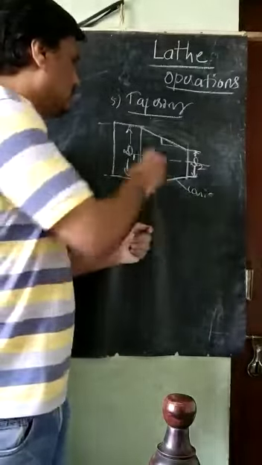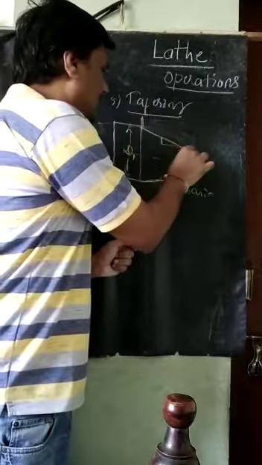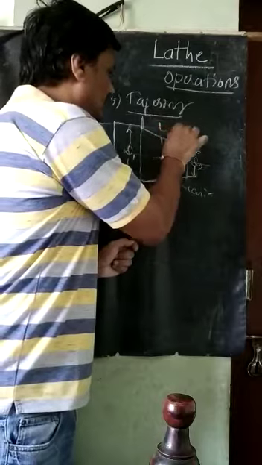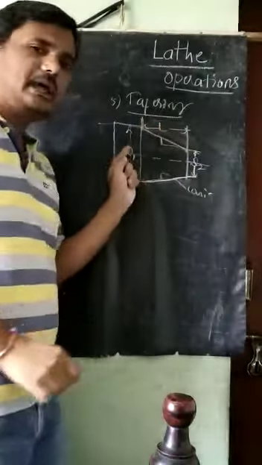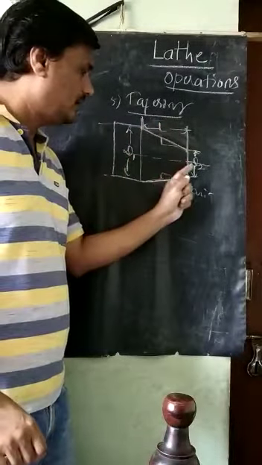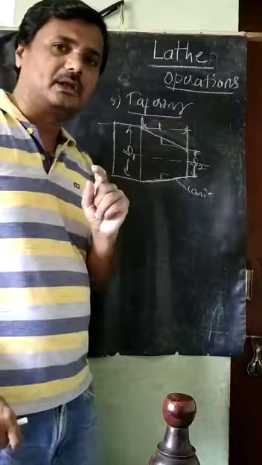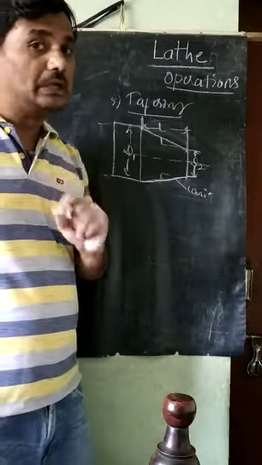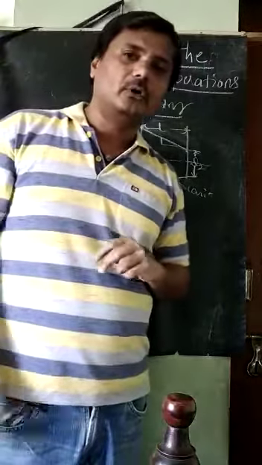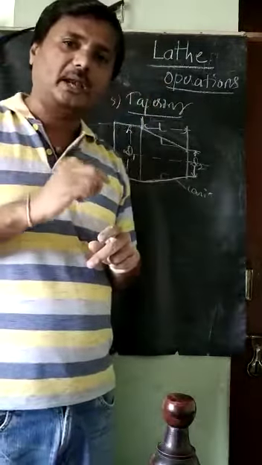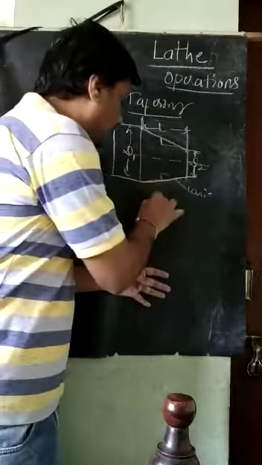This length here, the taper length, is taken as L, the original diameter is D1, and the end diameter is D2. Here another parameter comes, called the conicity.